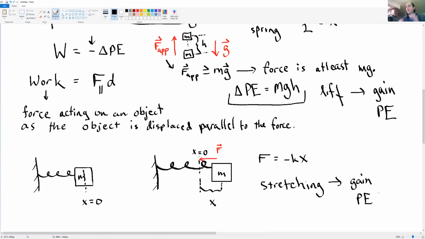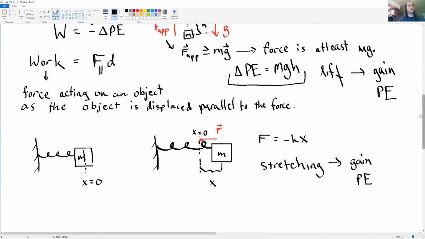But wait, there's more. If I compress the spring, then I push the spring to the left. And if I compress it, the spring pushes me back to the right. And so even more than just stretching, compressing also is a gain in potential energy.